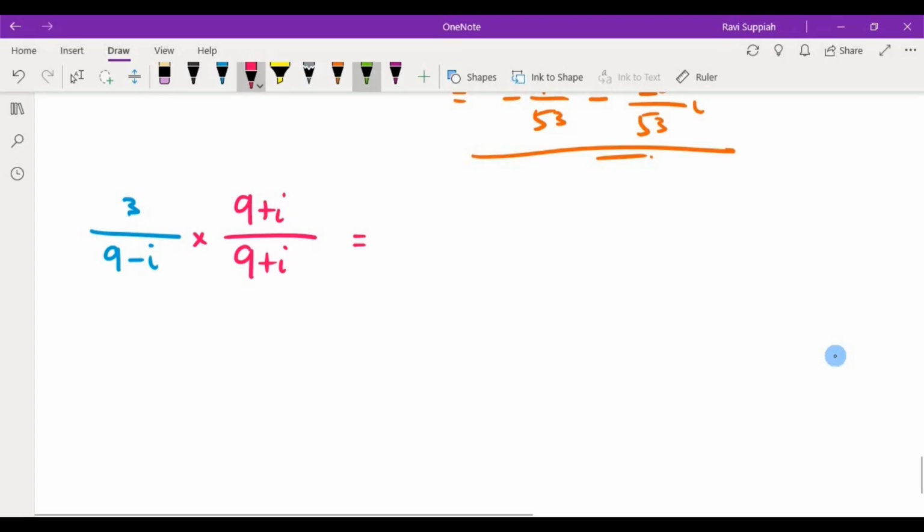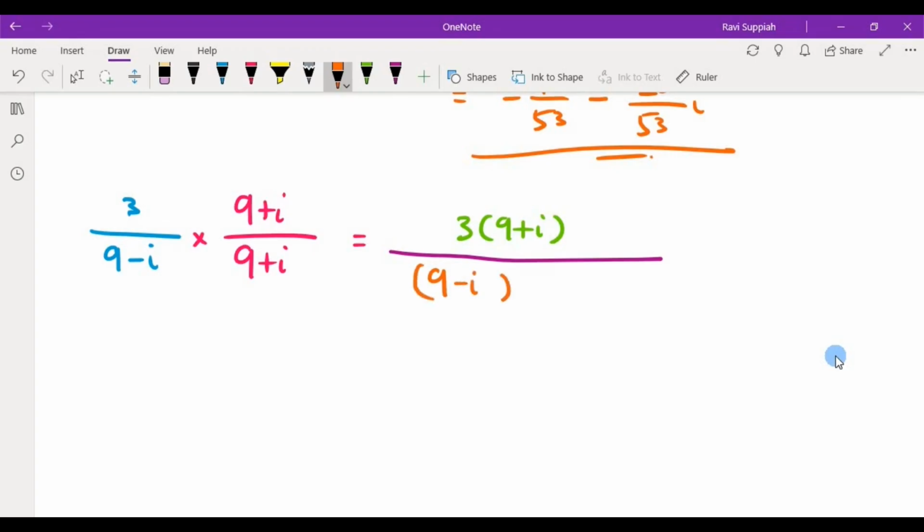That gives us 3 into 9 plus i, and in the denominator you have 9 minus i and 9 plus i.